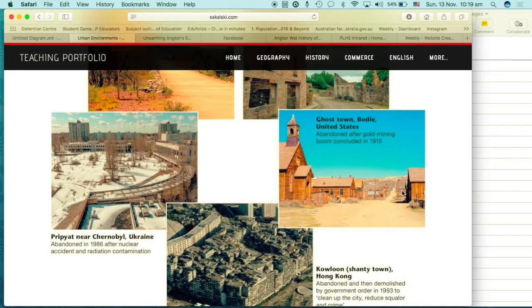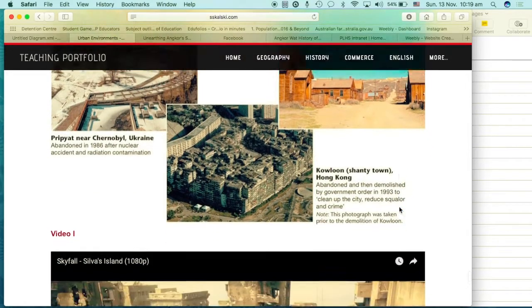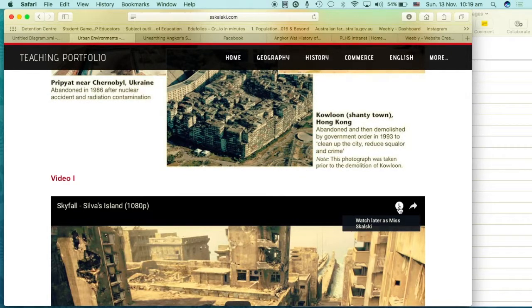And of course, you've all heard of the Wild West and the ghost towns. So Bodie is an example in the United States. After the gold mining boom concluded in 1915, then the city was abandoned. And Kowloon, a shanty town in Hong Kong, was abandoned and then demolished by government order in 1993 to clean up the city, reduce squalor and crime.